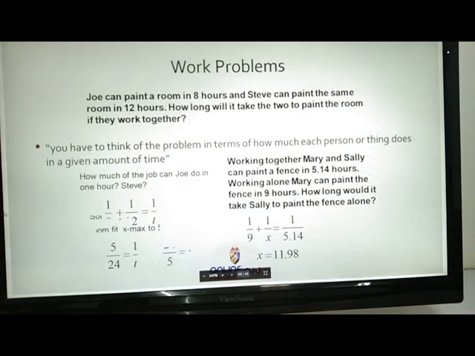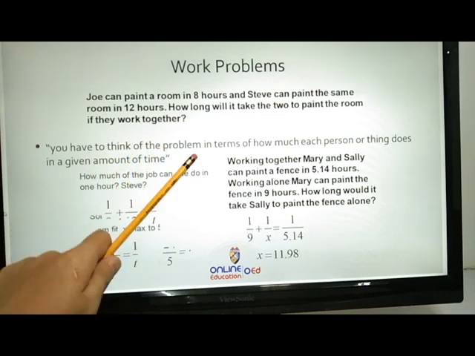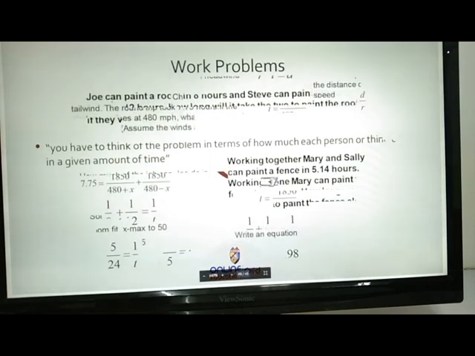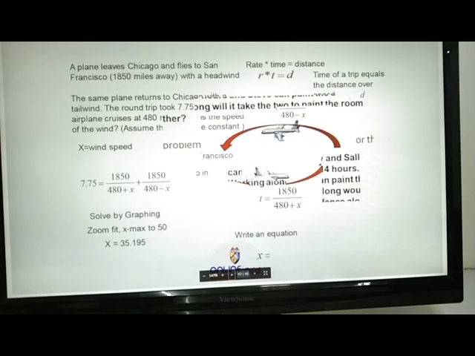So, for work problems, you have to think of the problem in terms of how much each person or thing does in a given amount of time.